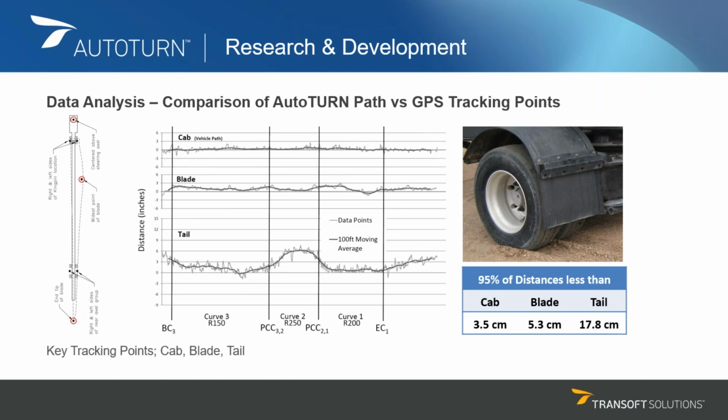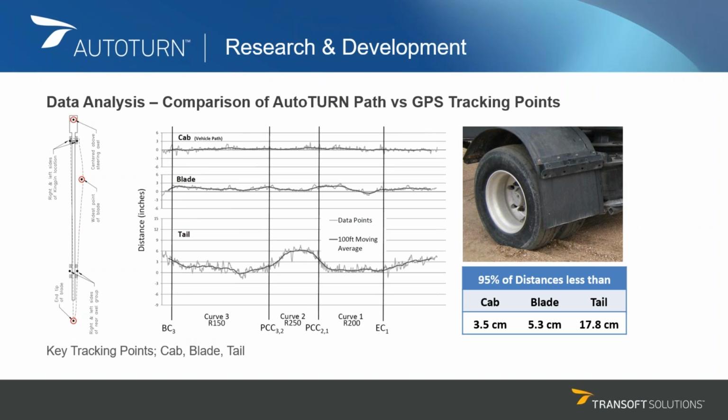And we compared those. So as you can see from this summary of the results, AutoTURN simulations can reasonably simulate the actual vehicle path. The higher discrepancies that were observed for the tail could be the result of the vehicle scrubbing the gravel surface.